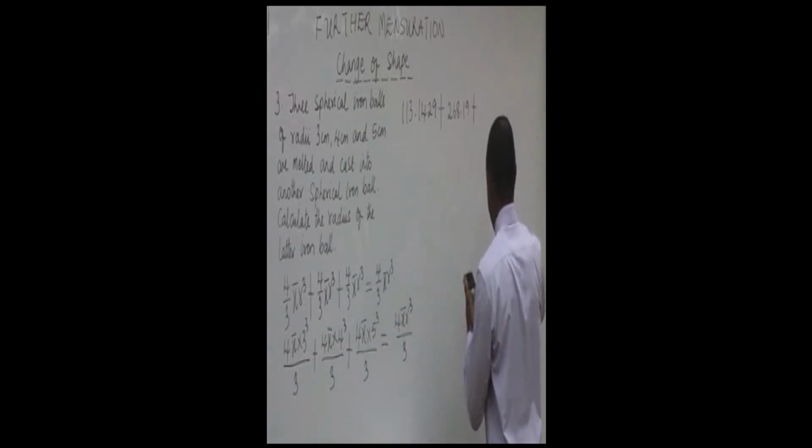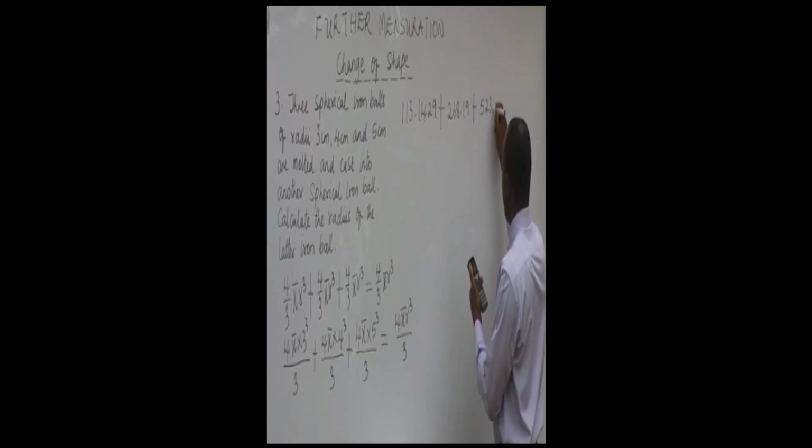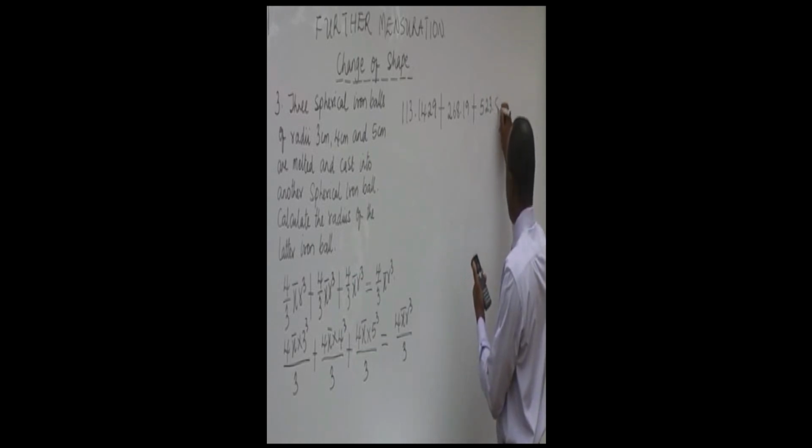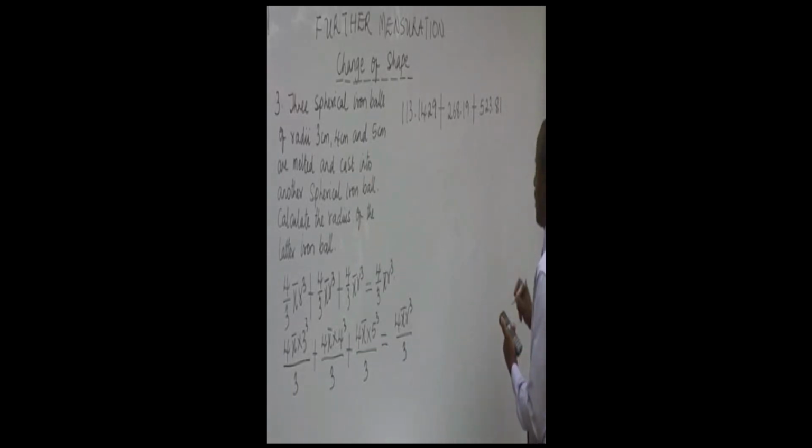Here we are having 523.81 in 2 decimal places.